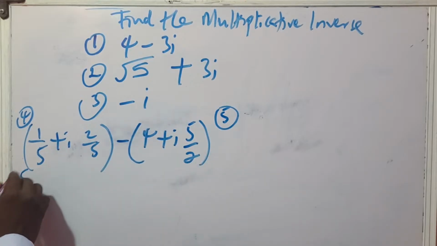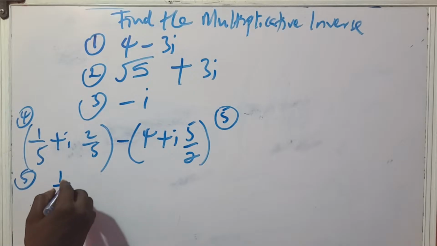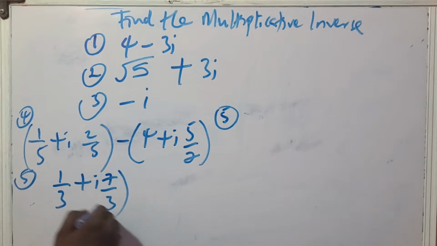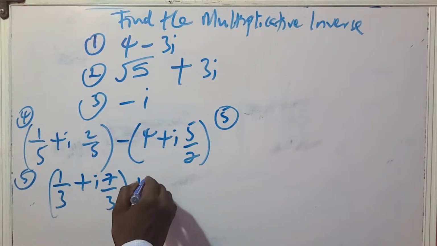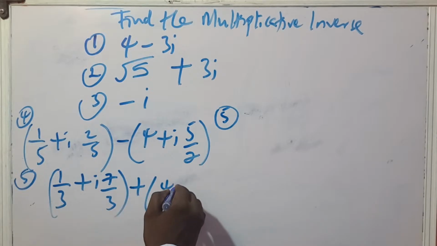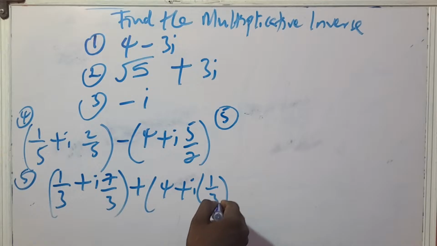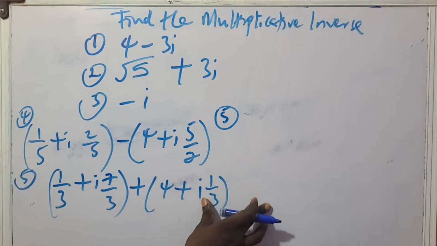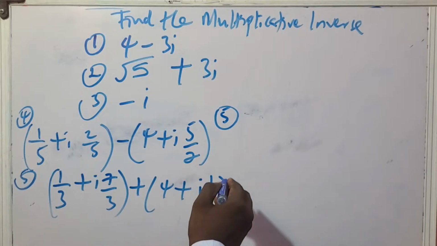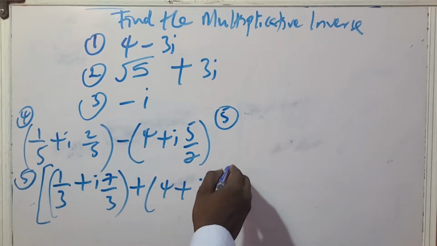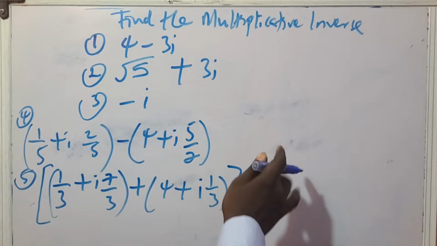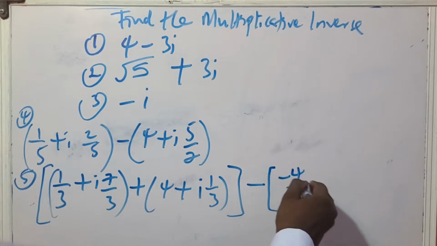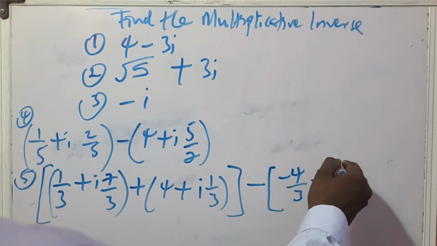Let me put number 5 here. So we have this, and then it concludes with minus 4 over 3 plus i.